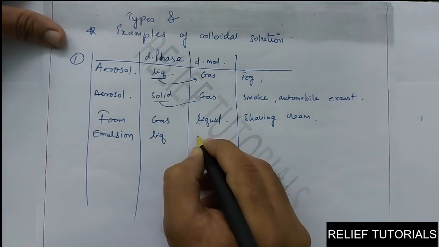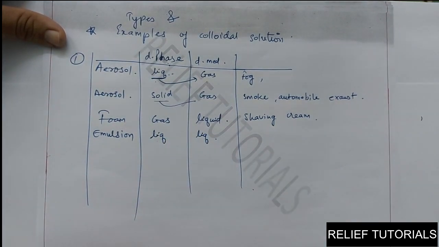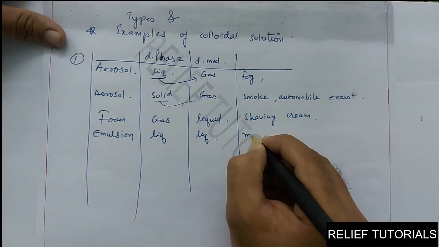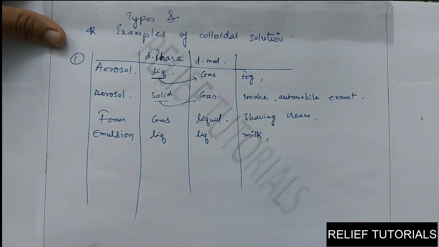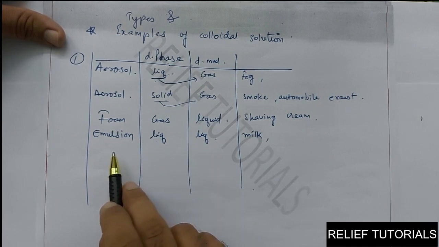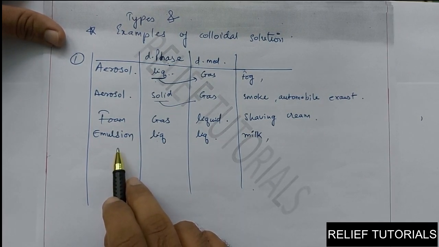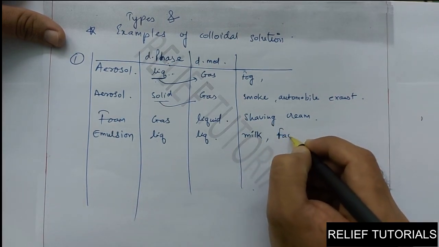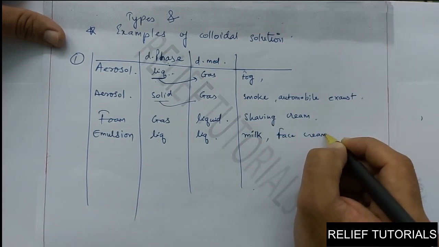One type of liquid is mixed with another type of liquid, like milk, in which the fat particles mix with milk particles. So both are in liquid state. So this type is the example of emulsion. Milk, some face creams.